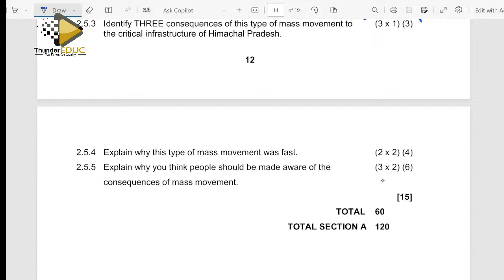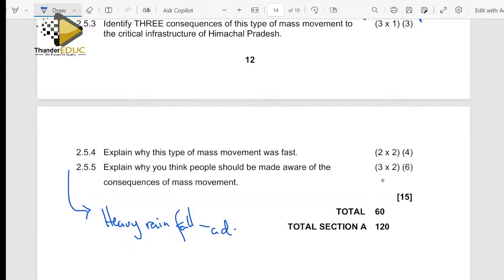Right. We can attribute the speed of the landslide to the heavy rain. What is the impact of the heavy rainfall? How did it facilitate the movement?